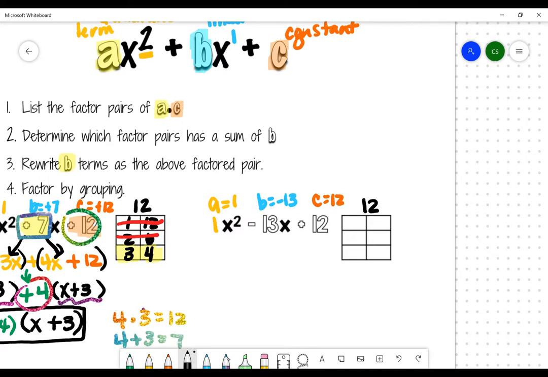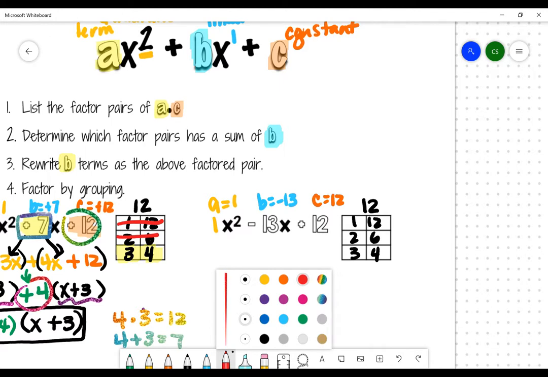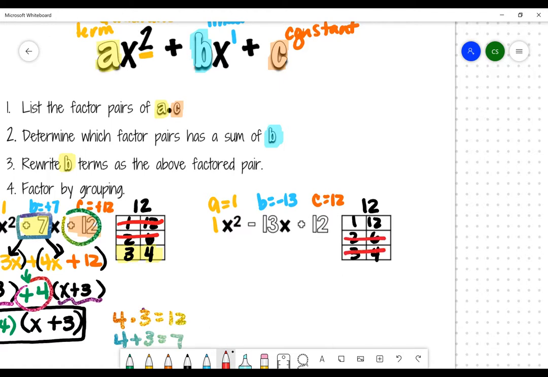Factored pairs of 12 are 1 and 12, 2 and 6, and 3 and 4. I need to determine which pair of these numbers are going to add to give me b. Well, can't do 3 and 4, can't do 2 and 6. So my only option here is 1 and 12.